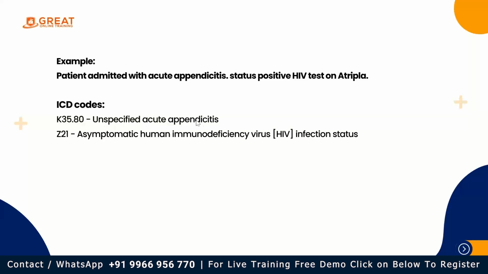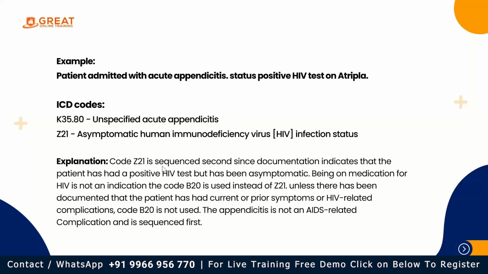So the first code will be for appendicitis and then Z21. The appendicitis is not related to HIV, and Z21 is sequenced second since documentation indicates that the patient has had a positive HIV test but has been asymptomatic. Being on medication for HIV is not an indication to code B20.